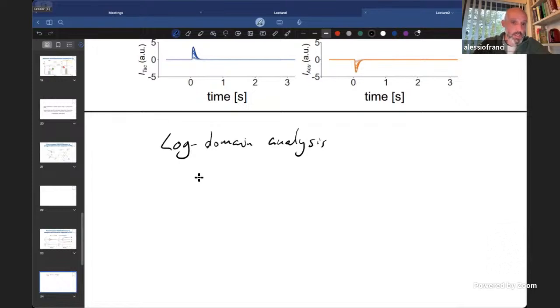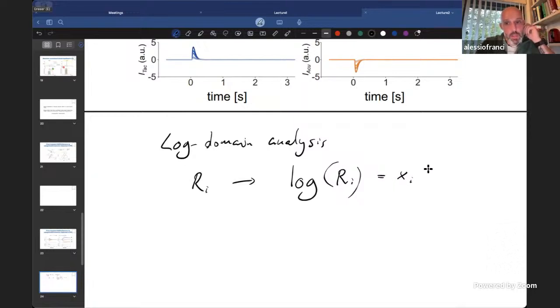So essentially, instead of working with the rate of neurons, even before doing z-score normalization, before doing anything, work with the logarithm of the rates of the neurons. And these will be the new variables. So if you have the rate of neuron i, now you define a new variable, which is the logarithm of the rate of neuron i.